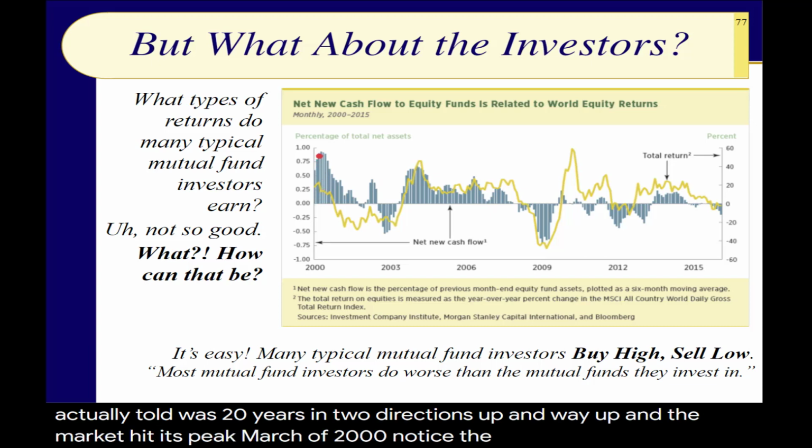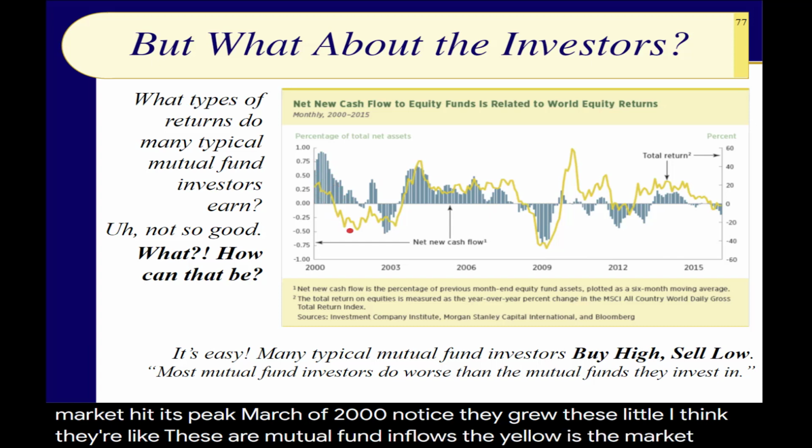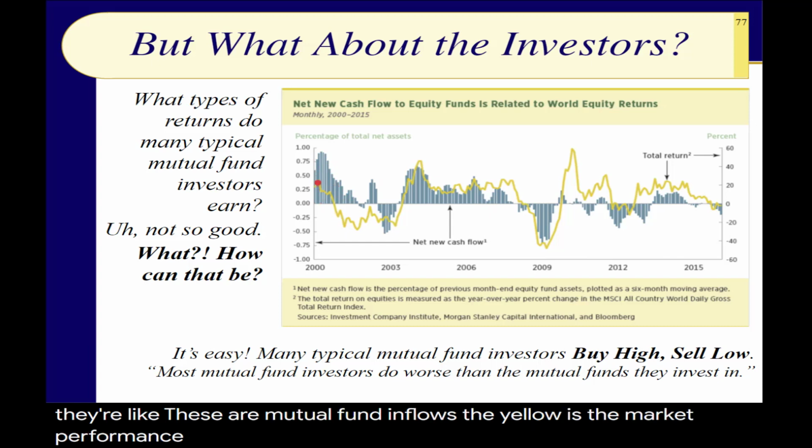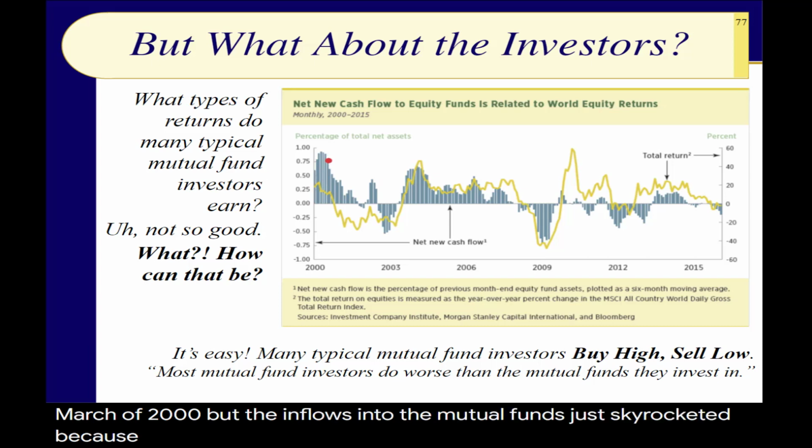These bluish gray bars are mutual fund inflows. The yellow is the market performance. Notice that the market hit its peak, the yellow, in March of 2000, but the inflows into the mutual funds just skyrocketed because the market had gone in two directions, up and way up.